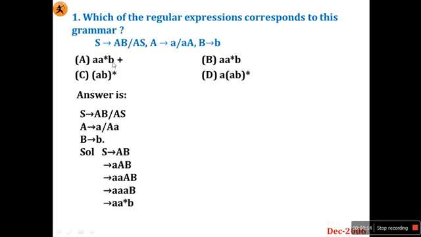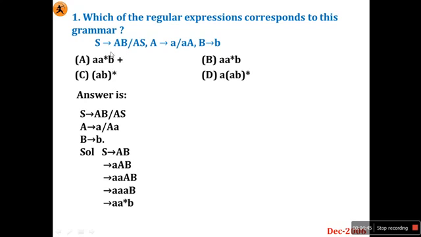So check it. This is a star b plus. There is no plus here, so definitely it is struck out. And this is a star b. This is the answer. Here (ab) whole star. Just looking at the question, if you know regular and context-free grammar well, you can strike out this option also, because b occurs only one time, but it is b raised to star, which would generate n number of times, so you may strike out directly.